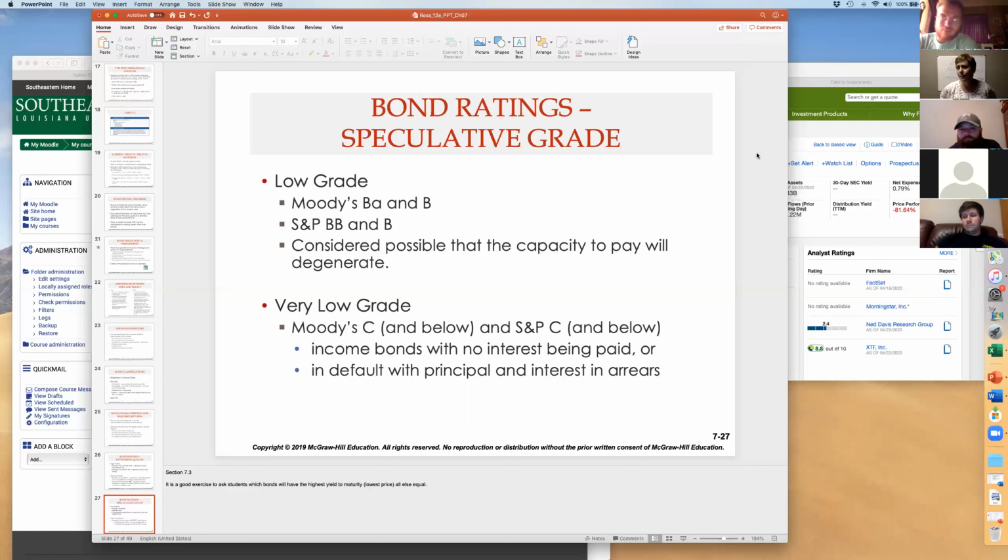And never does a bond start out as an income bond. This is renegotiated. So in other words, at some point, a company might find themselves in distress and unable to pay the coupons. So bondholders will sit down with them and negotiate, because they don't want to lose their cash flows.